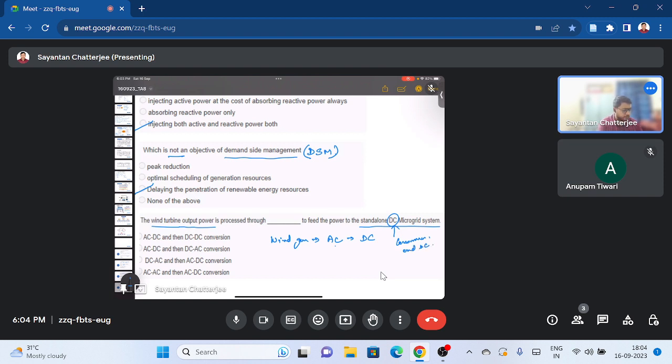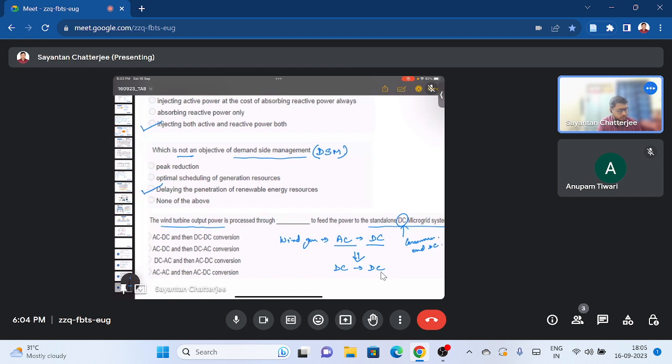Firstly AC to DC conversion, and then to make this DC a controlled DC, DC to DC conversion is done. So here this answer is correct: AC-DC and then DC-DC.